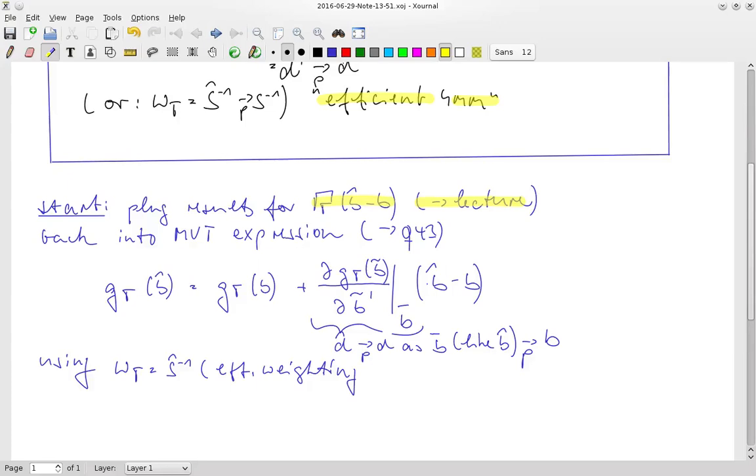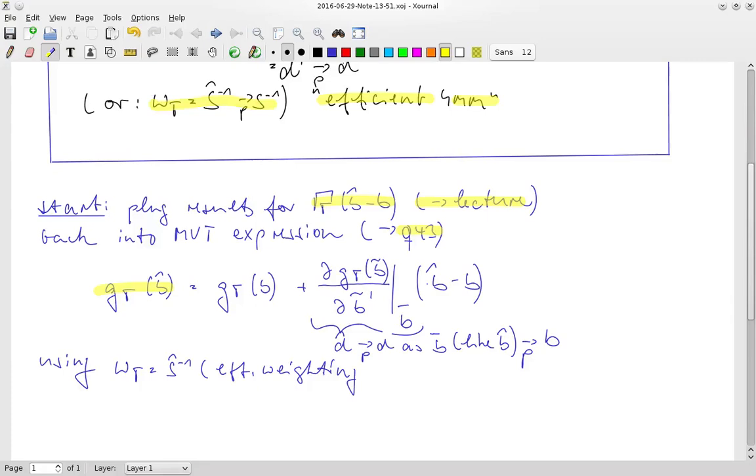And one of the questions for review was asking you to plug the result back into the mean value theorem expression for g_T of b hat, which we see here again. And what we should use when we plug it back is the efficient weighting scheme, right? If you go for objective-based GMM, that's the weighting matrix that you will use for that purpose.